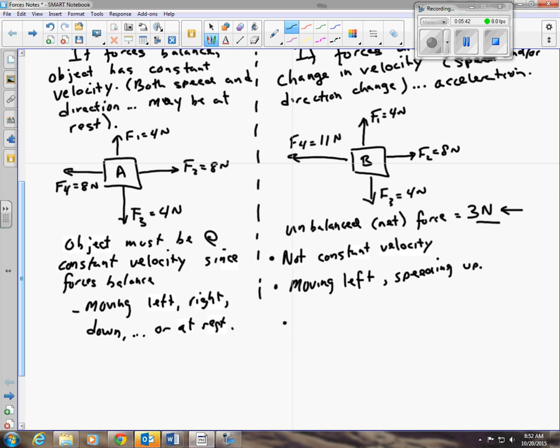It could be moving right, and if this 3 newtons is pushing it left, that's going to make it slow down. Or it could be moving up, but then it's going to curve left. So any of these three things is what it could be doing.